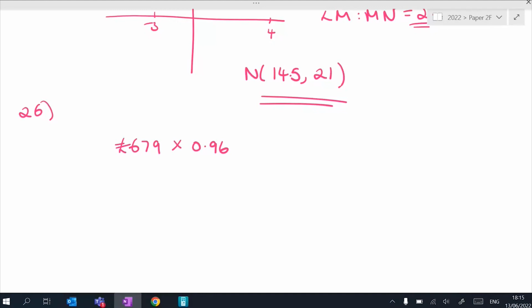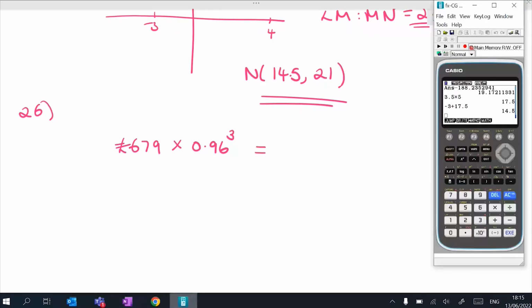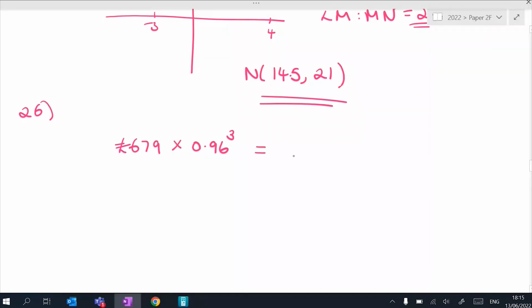I'm going to do that once for the first year, twice for the second year, 3 times for the third year. So I'm multiplying by 0.96 3 times, so to the power of 3. So we can literally just type that in our calculator. Okay, so it's going to be £600.74.